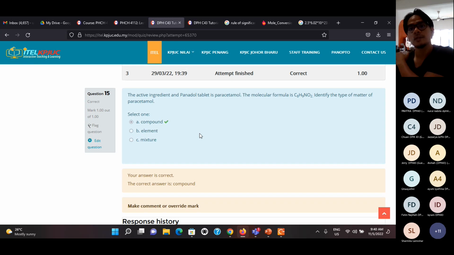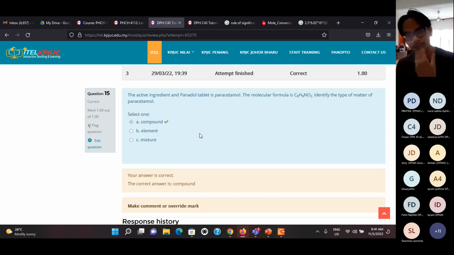Contohnya macam hydrogen gas. Hydrogen gas is only made up of the hydrogen element. Oxygen gas is only made up of oxygen element, oxygen atoms. Apalagi emas, gold is only made up of aurum. Silver is only made up of silver atoms.